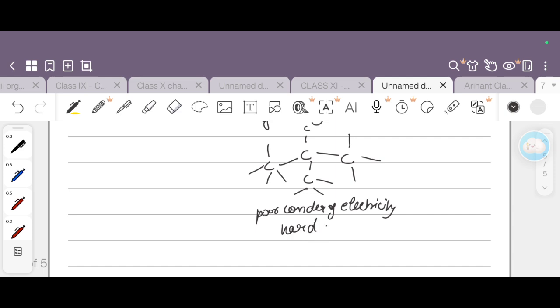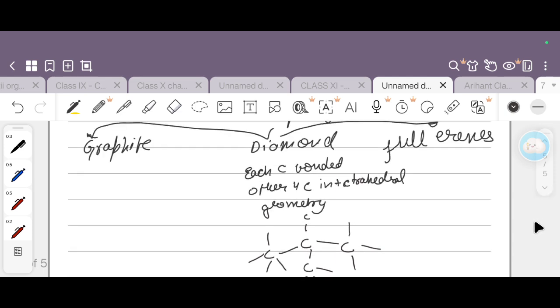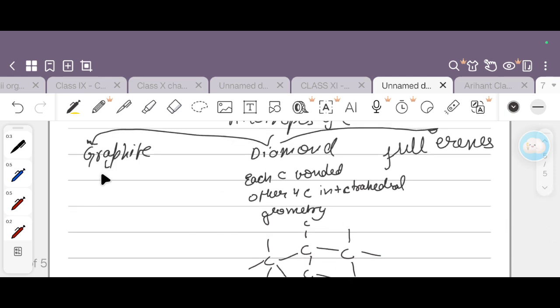The second allotrope is graphite. In graphite, each carbon atom is bonded to three carbon atoms in a hexagonal packing like this. These hexagonal packings are formed in the form of layers.